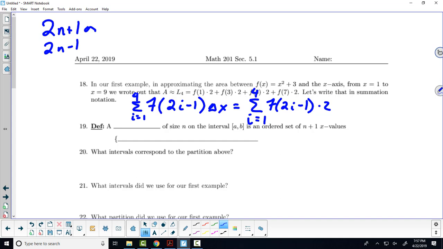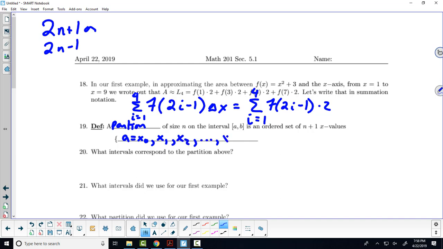All right. So the next thing I want to do is define a partition. We've mentioned this before. A partition of size n on the interval from a to b is just an ordered set of n plus 1 values. So it's got to be ordered. We'll start with a, but we'll label a as x naught, and then x1, and then x2, dot, dot, dot.